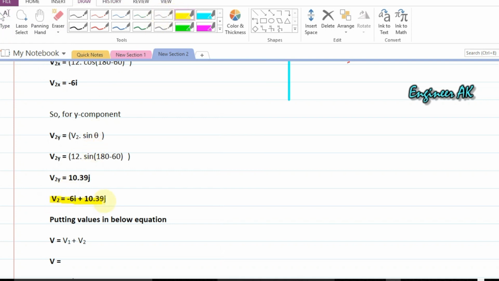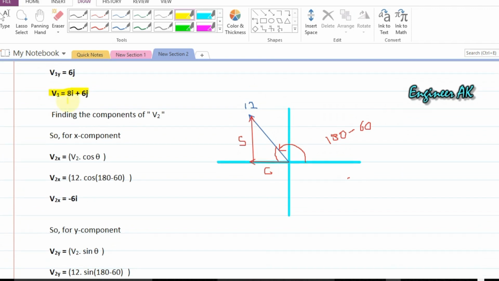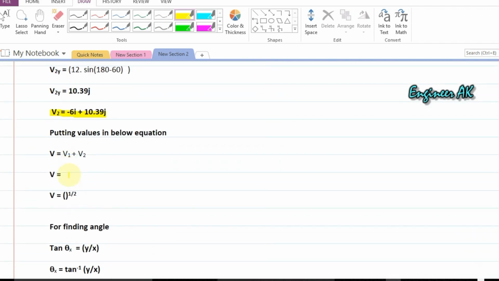So now we have found the v1 and v2. Now what we have to do is just sum them, right?